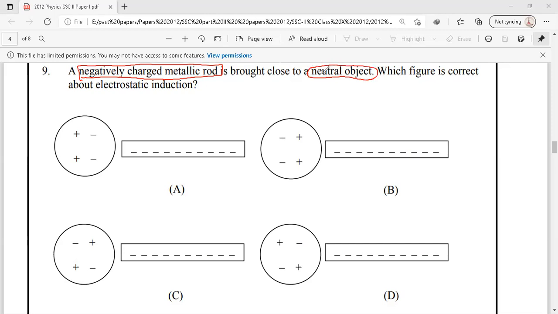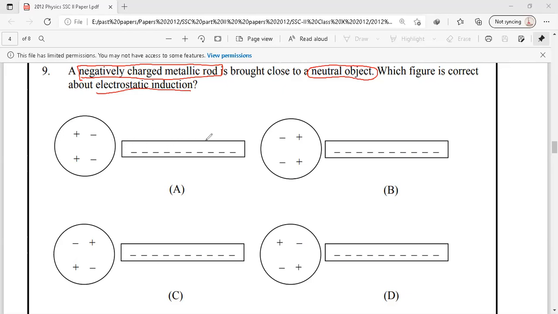So we have one object charged and the other is neutral. So for this process of electrostatic induction, we have to identify which of the following diagrams correctly describes the above situation.